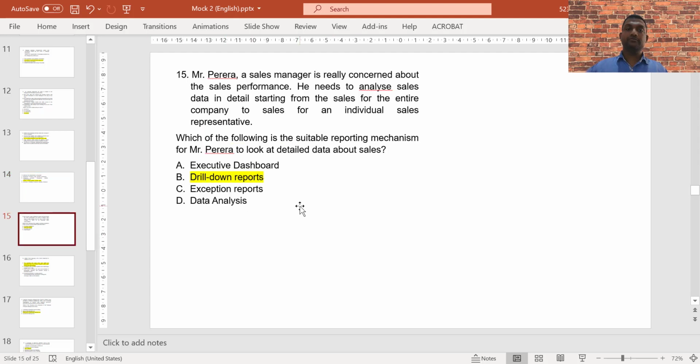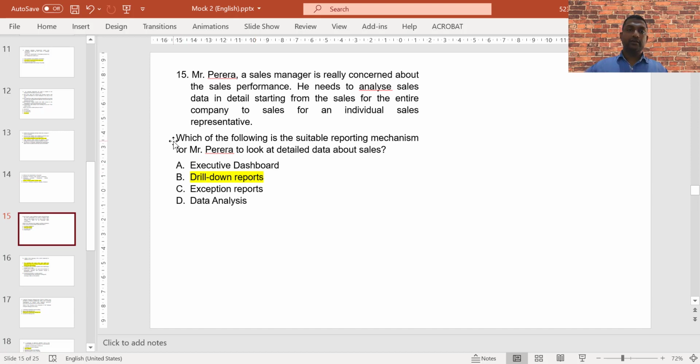Question number 15. Okay, a scenario is given. Mr. Pereira, a sales manager, is really concerned about the sales performance. He needs to analyze sales data in detail, starting from the sales for the entire company to sales for an individual sales representative.